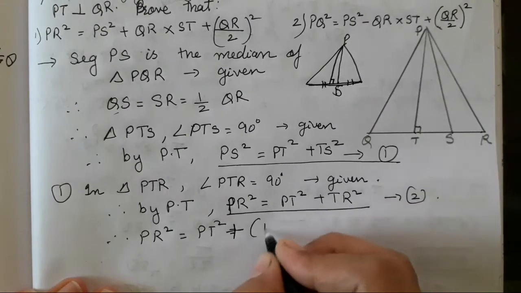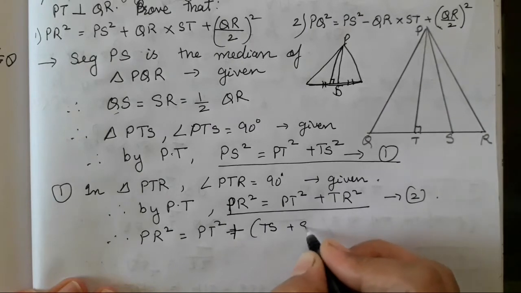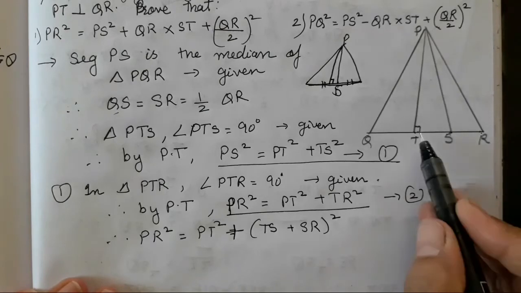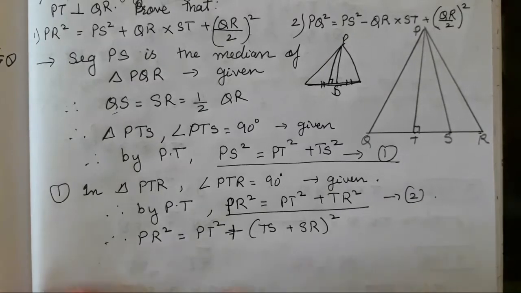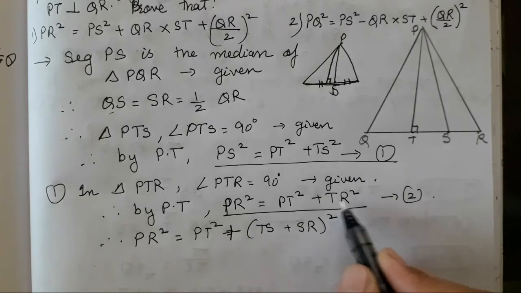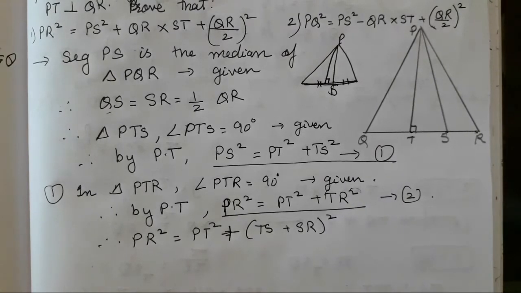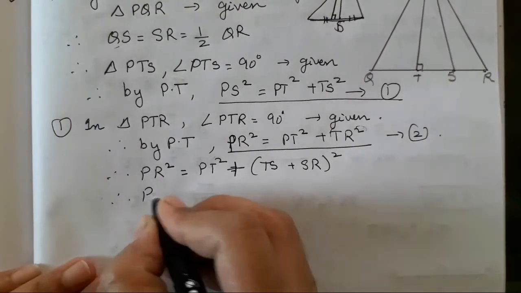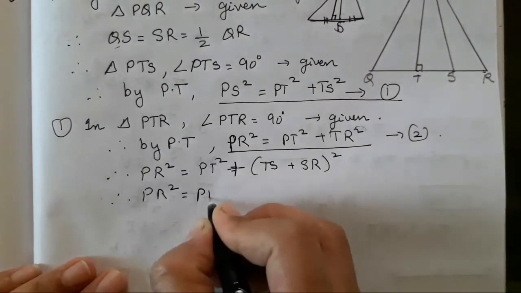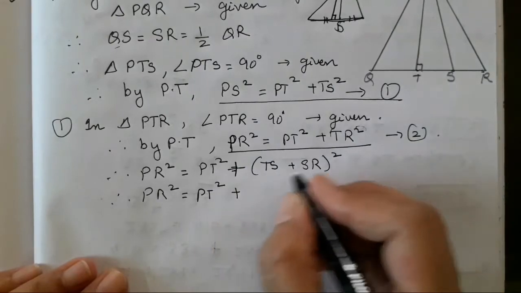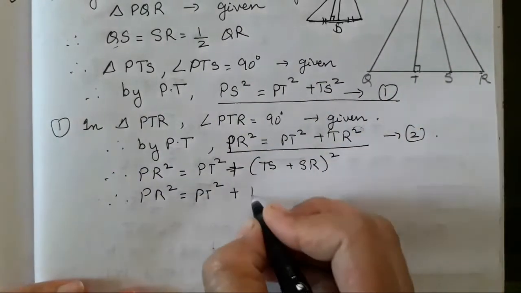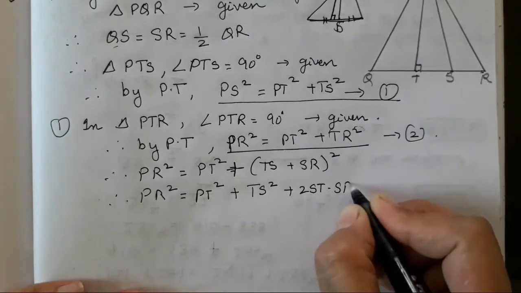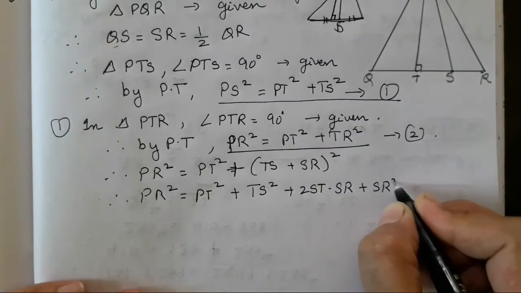So TR is going to be TS plus SR, whole square. We have just split this TR. The formula is going to remain the same, but you have to separate it. So it's going to be TS square plus 2ST into SR plus SR square.